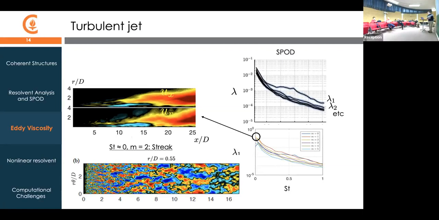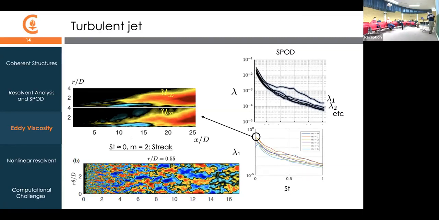There have been observations of streaks in turbulent jets going back quite a number of years, but it was really our collaborator Andre Cavalieri and his students. Andre is also here. I know that he had to go pick up his kids, so he's not here at the moment, but it really was Andre who discovered how prevalent this was in the jet.